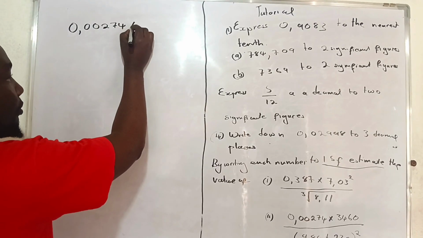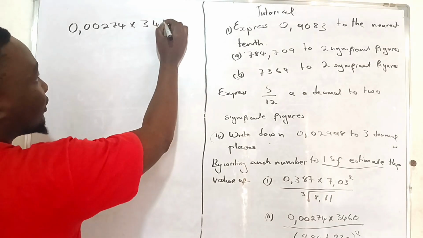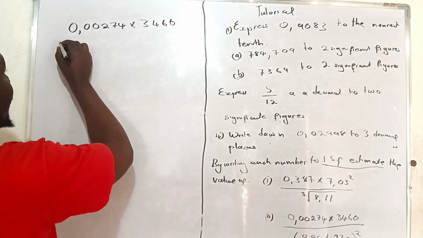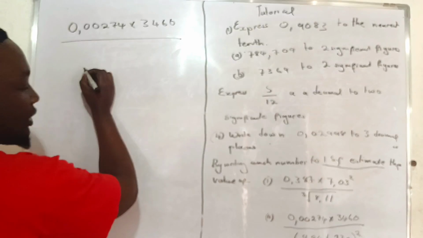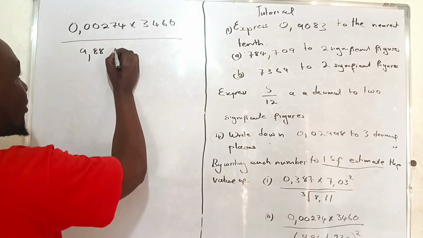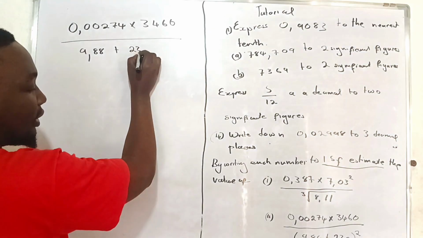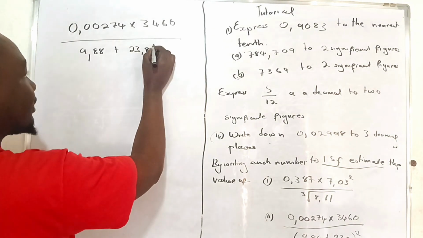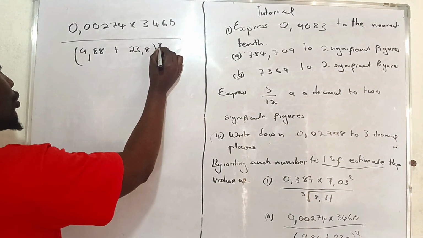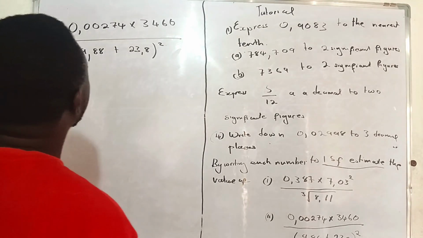0.00274 multiplied by 3460, all of this divided by 9.88 plus 23.8 squared. So firstly, you have to put this to one significant figure.